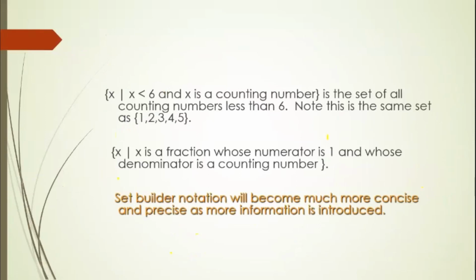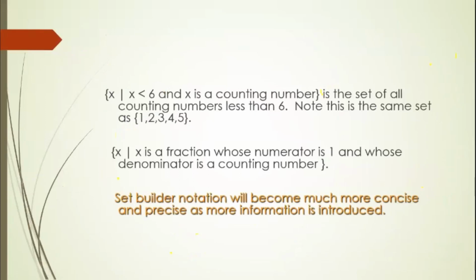Okay, so we have here examples. We have here {x | x is less than 6 and x is a counting number}. So it is the set in the set builder notation, right?